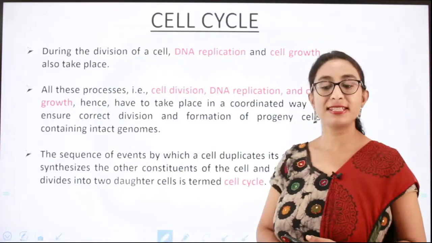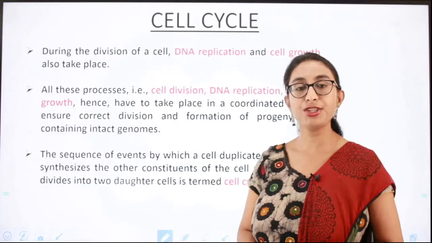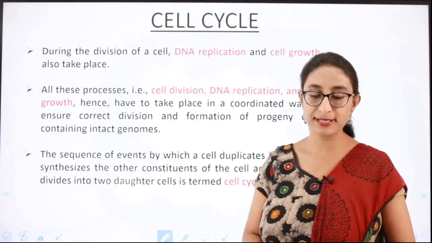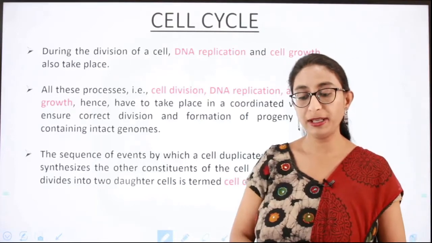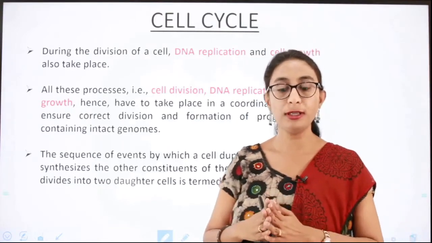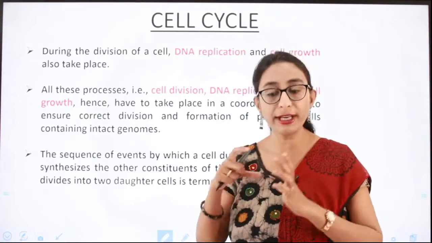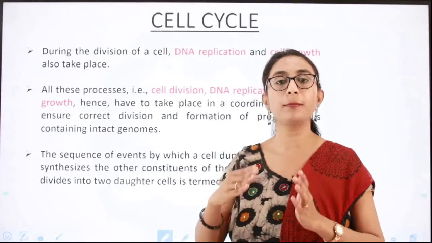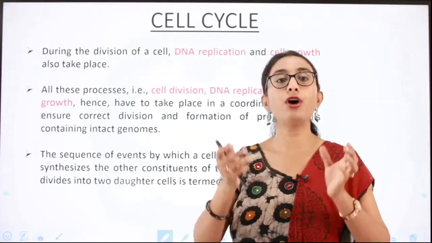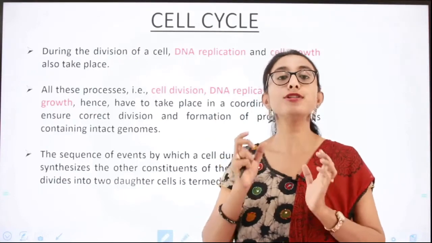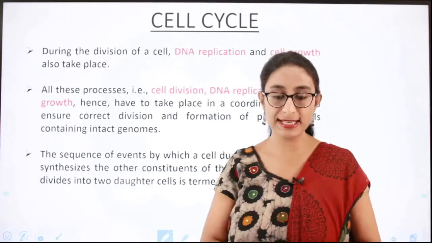During the division of a cell, DNA replication and cell growth happen. So the processes of cell division, DNA replication and cell growth have to happen in a coordinated manner, in a proper manner, so that there is correct division of the cell organelles and also the genetic material between two daughter cells.